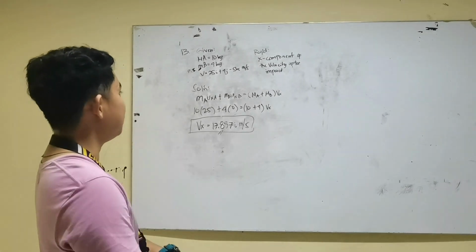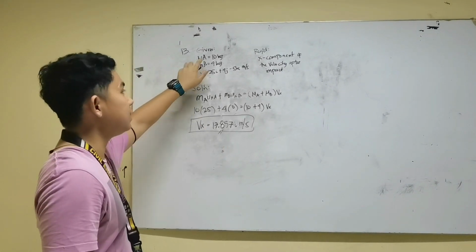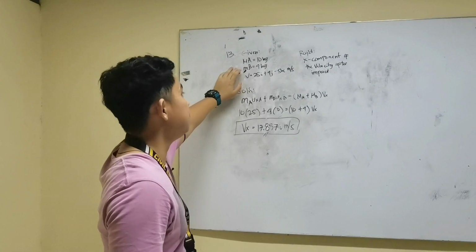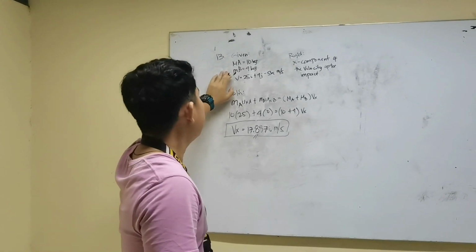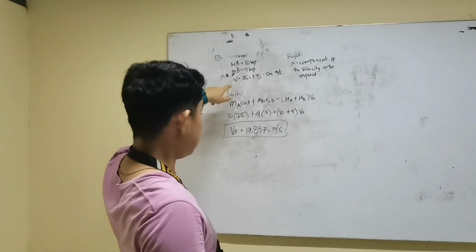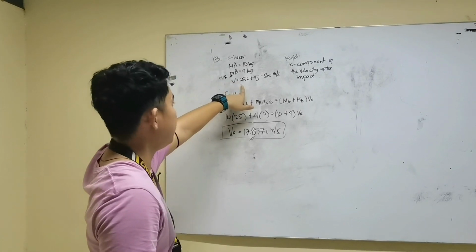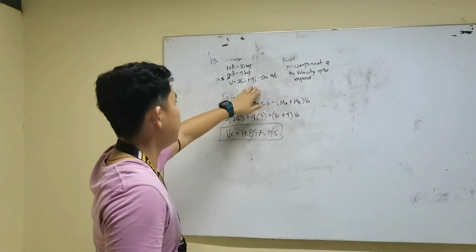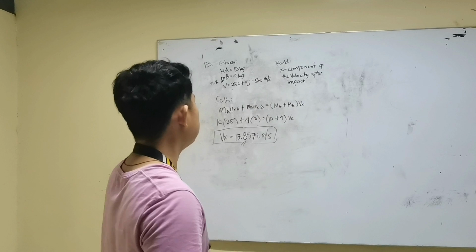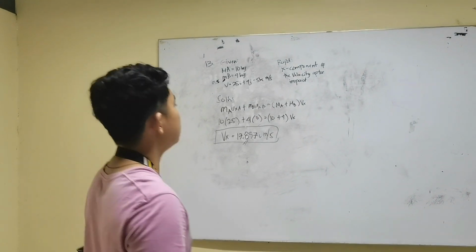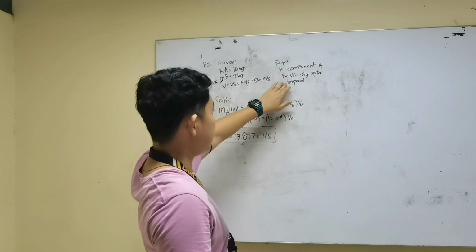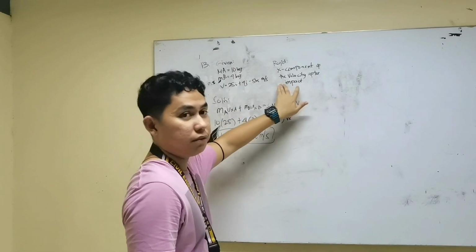So the given is the mass of our object A is 10 kg, the mass of our object B is 4 kg, and the velocity of our object A is the equation of 25I plus 4J minus 5K meter per second. So we find the x component of the velocity after impact.